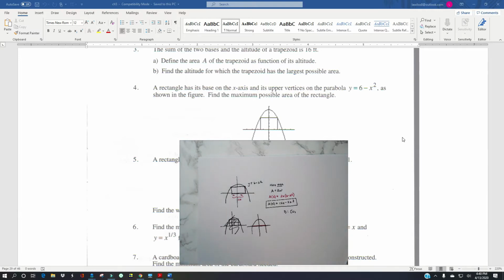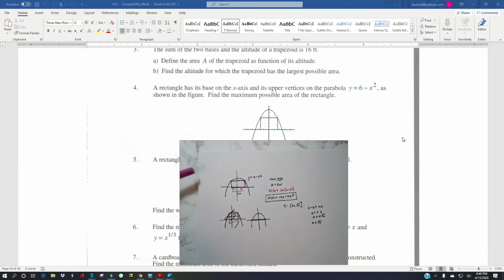Well, how I figure that out is I take my function and set it equal to 0 and solve. So 6 minus x squared is equal to 0. So x squared is equal to 6, making x equal to plus or minus root 6. Now I can discard negative root 6 because I can't have a negative width. So x equal to positive root 6 is where this is going to end. So that's going to be my upper bound.